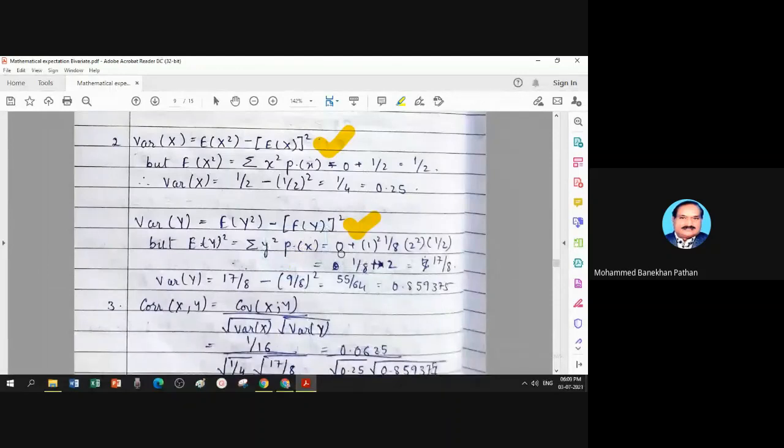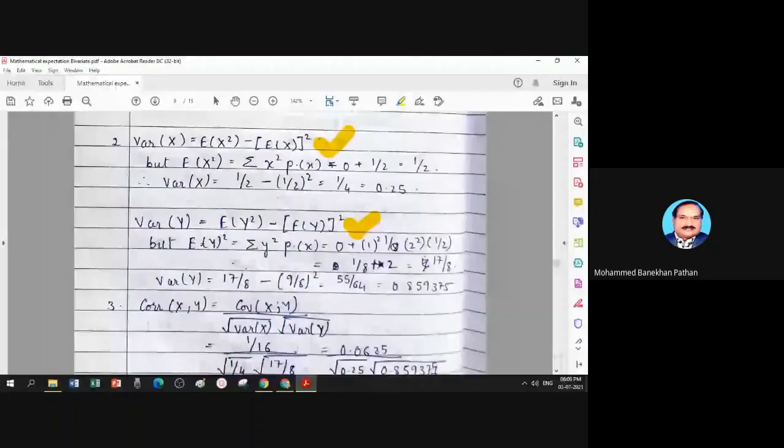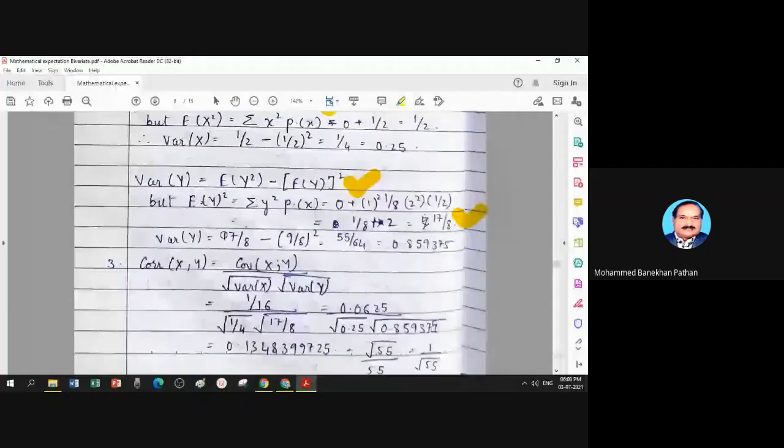Second one, 1 squared multiplied by the probability of y equal to 1, plus y equal to 2, 2 squared multiplied by its probability, and simplify to 7 by 8. Therefore, variance of y is expected value of y squared minus the square of the expectation. This is the simplification.